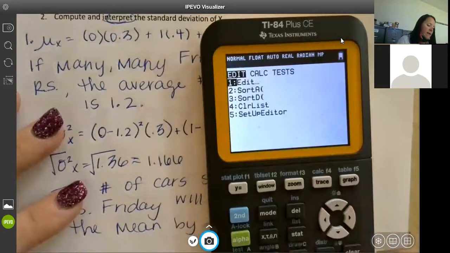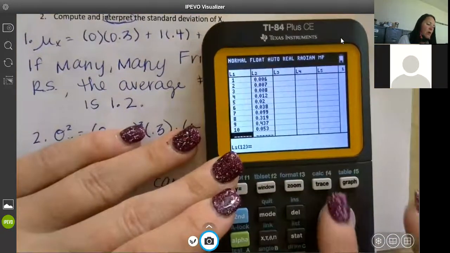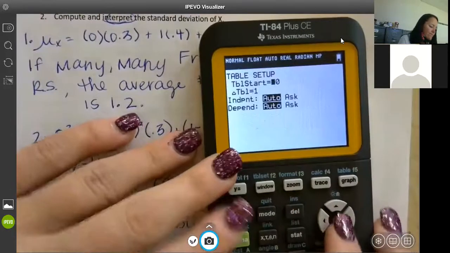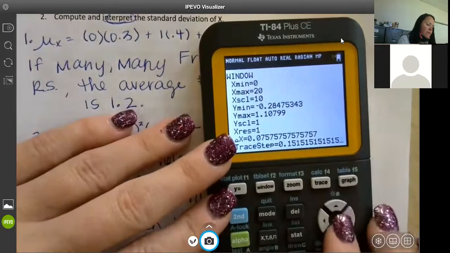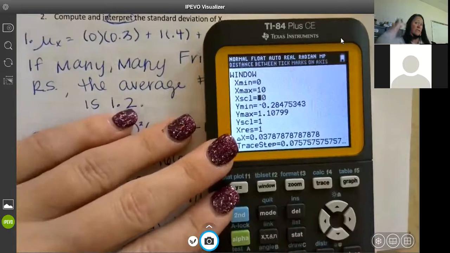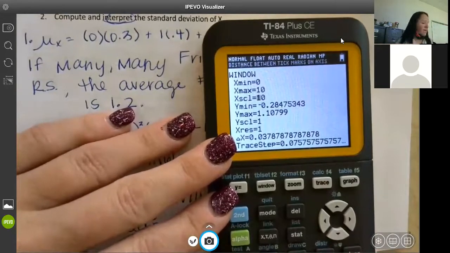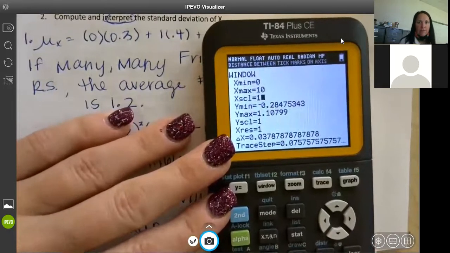So in my stat, my L1 or my X's are from 0 to 10. So in my window, I want to make sure that my X minimum is 0, my X maximum is 10. And we can go by whatever we want to. It doesn't really matter. You can go by ones. Since we go by ones in our table, I would go by ones on my X scale. And let's see if that helps it.